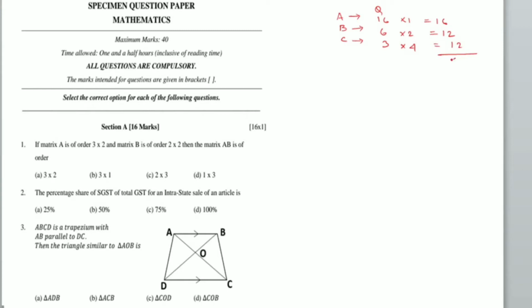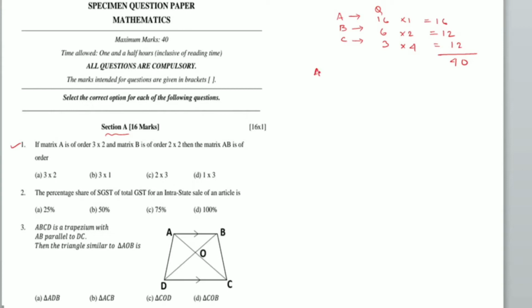So let's start. My question is: a matrix A is of order 3 cross 2 and matrix B is of order 2 cross 2, and the matrix AB is of order 3 cross 2, 3 cross 1, 2 cross 3 or 1 cross 3.